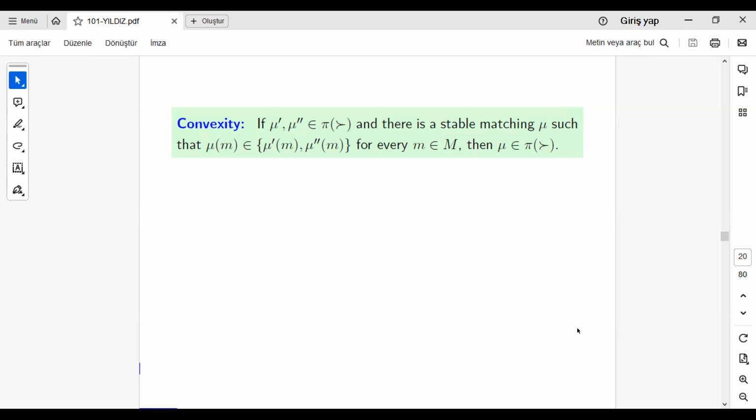If there is a stable matching where this man is getting one of these two mates, and if this is true for every m, then we call this matching rule convex. It satisfies convexity.